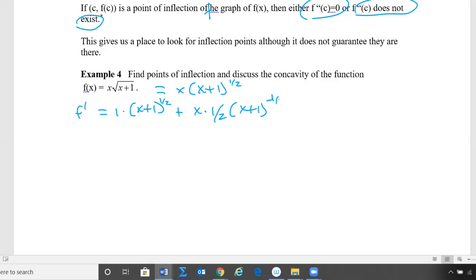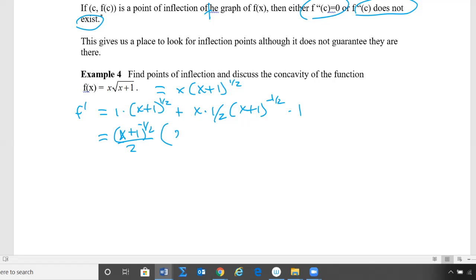So I did the derivative of the x, which is a 1, times the other factor, plus x times the derivative of the other factor, which is a half x plus 1 to the negative half times a 1. That's a chain rule in there. Now let's factor out. Let's take out x plus 1 to the negative half, and I'm going to take out a half also.